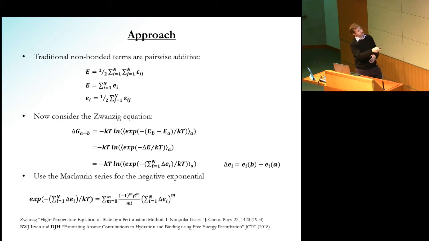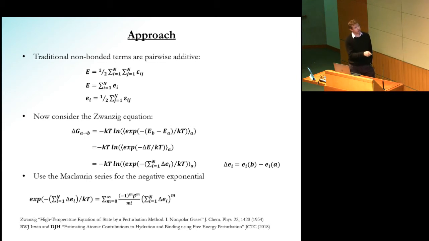You could rewrite this in terms of the energy of individual atoms, where that energy is just half its interaction with every other atom in the system. We're now going to take the Zwanzig equation as it's typically written, and we're going to rewrite this in terms of these contributions from individual atoms. So this is now a sum over the interactions of all the individual atoms.